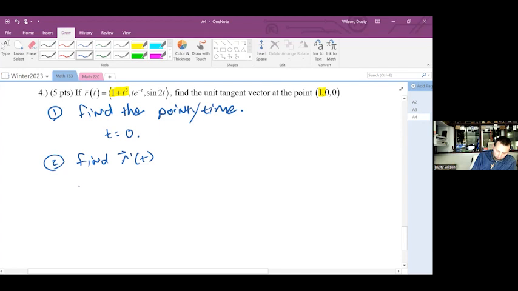So r prime of t is going to equal not 1, but just 3t squared, comma, here we have to use the product rule, so I have e to the minus t plus t e to the minus t, but it's going to be negative now because of the chain rule, comma, 2 cosine 2t.